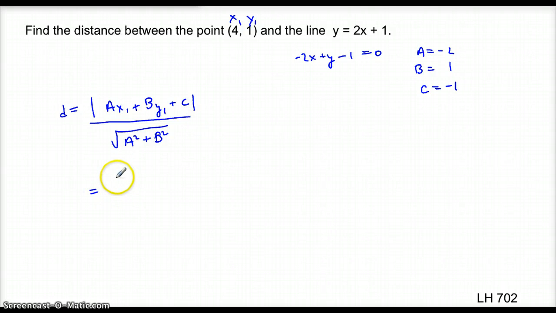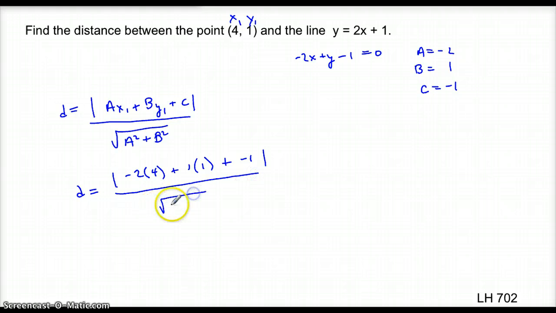A is negative 2, so this is going to be the absolute value of negative 2 times x1, which is 4, plus b times y1, which is 1, plus c, which is negative 1, divided by the square root of a squared plus b squared.